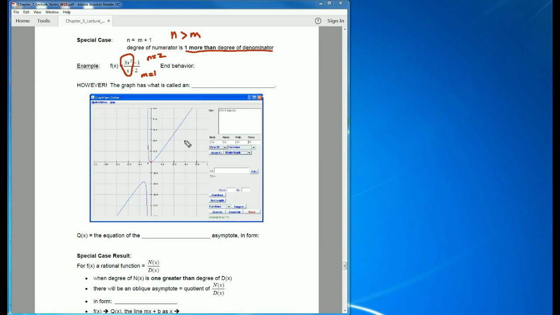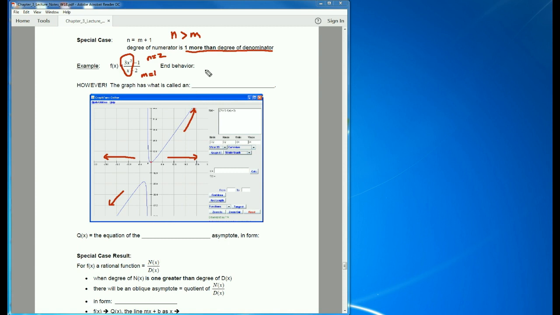And if we look at the graph to inspect the end behavior, we can see that as x gets very large, the function value is increasing without bound. As x gets very negative, the function value is decreasing without bound.